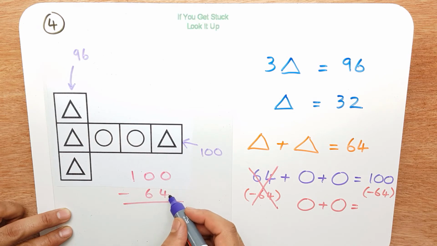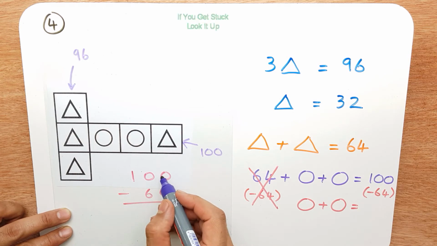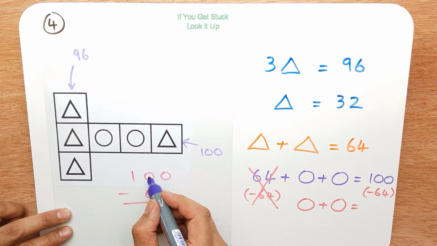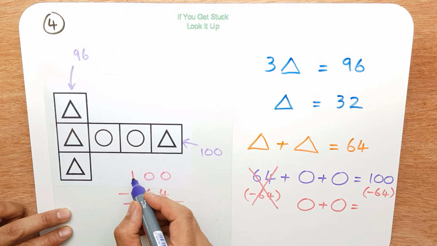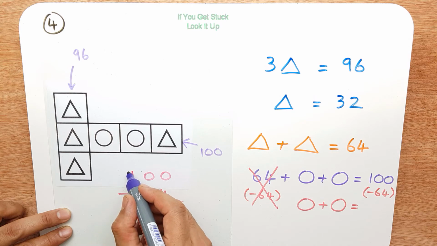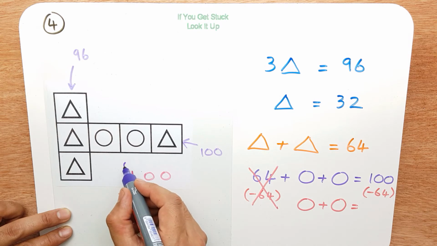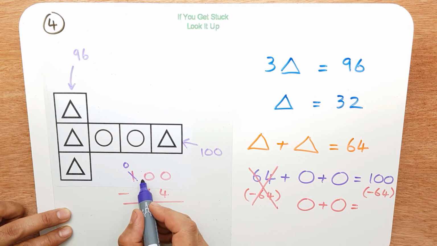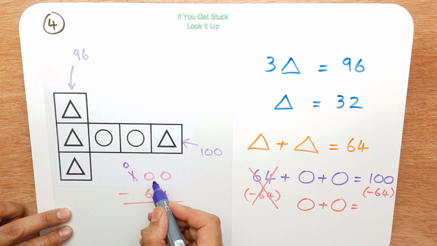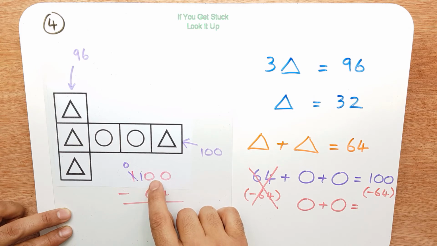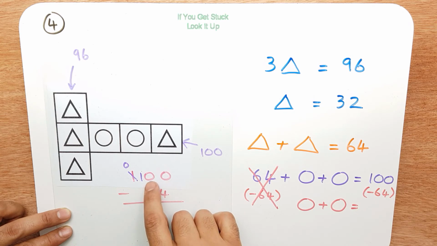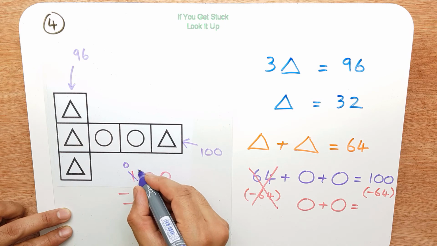0 take away 4 we can't do. So we go to the neighbour. That hasn't got anything. So that has to borrow 1 from here. So we cross that 1 out. It becomes a 0. The one we've borrowed turns this 0 into a 10. So now we have 10 here. So this 0 can borrow from this 10. So we cross that 10 out.